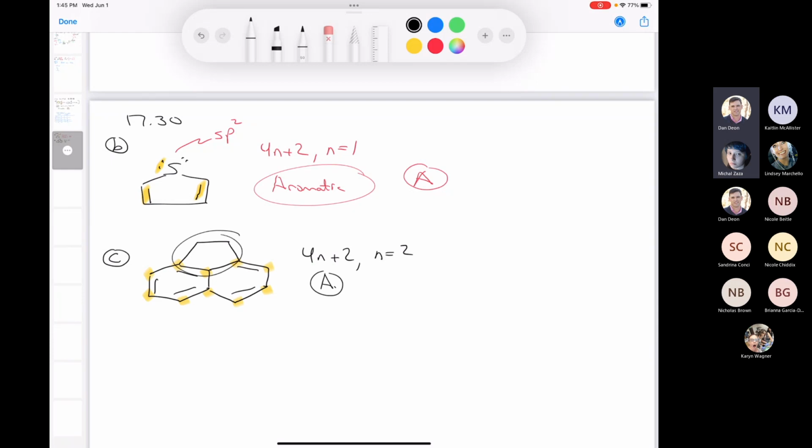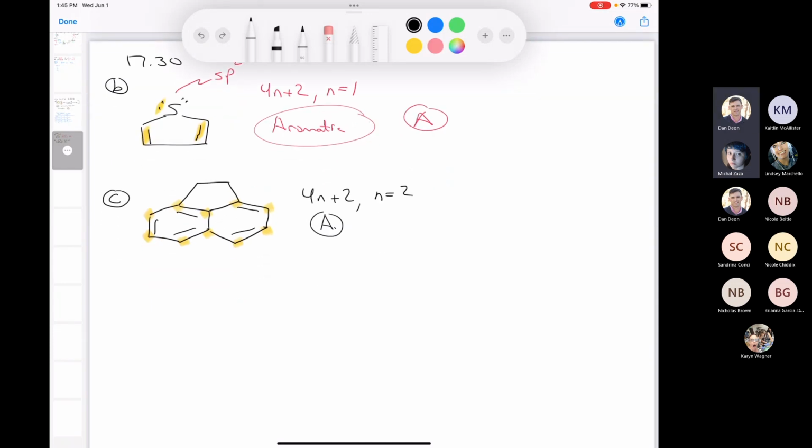Now this ring over here is non-aromatic, but the portion that I have all the yellow carbons highlighted in is aromatic, right? And it would be akin to saying, well, is toluene aromatic? Because you have benzene, an aromatic compound, but then you have an sp3 hybridized carbon coming off it. Well, that's neither here nor there. The compound itself is still aromatic. And the same thing here.